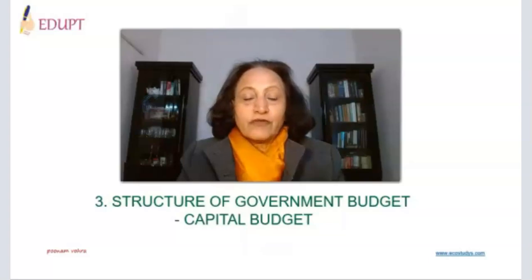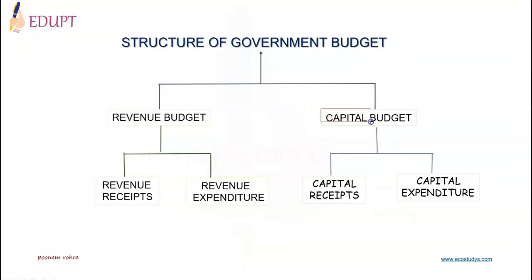This session focuses on the structure of the capital budget of the government. Let's begin. Capital receipts refer to those receipts that reduce assets for a government and create financial liabilities.